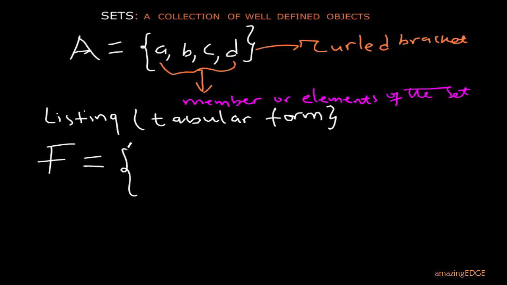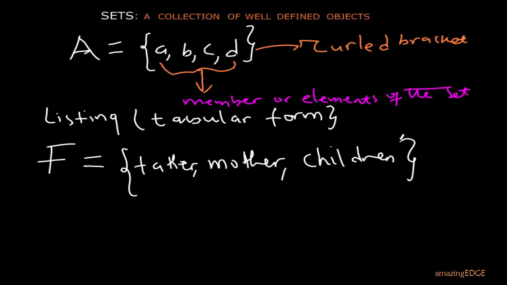Remember, we should have a father, a mother, then children, and so on. So this could be a set. What have I done? I have listed them, giving out all the members of the set.